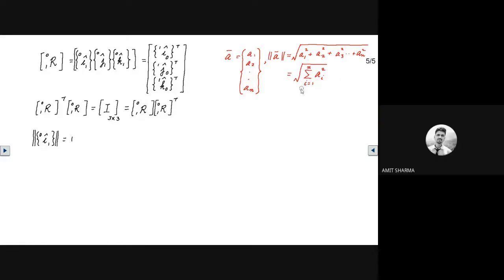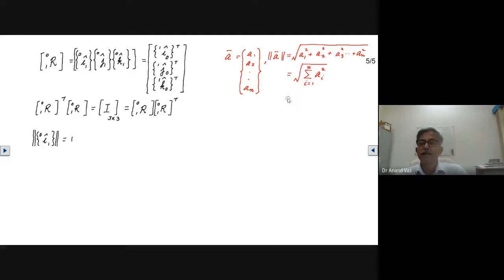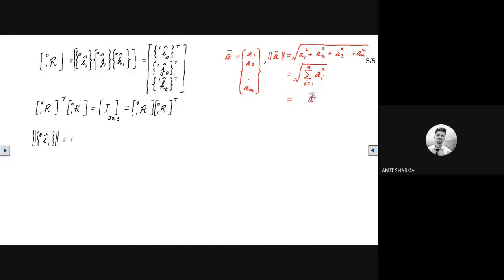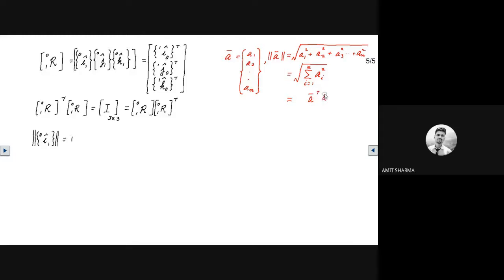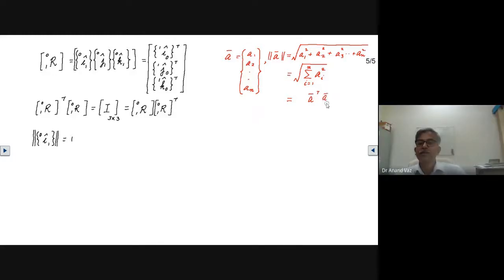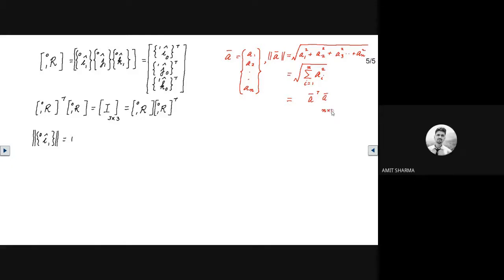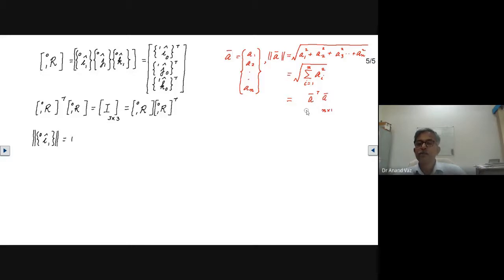We can also write this in terms of matrices as A transpose A. You see, A is an n by 1 matrix. A transpose is a 1 by n matrix. These are arrays. This is a column array. This is a row array.